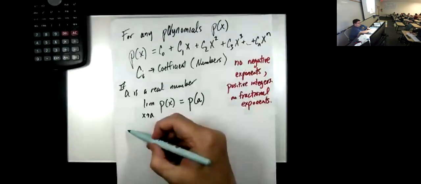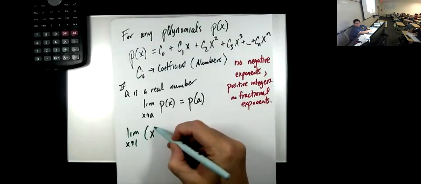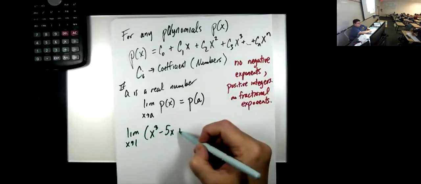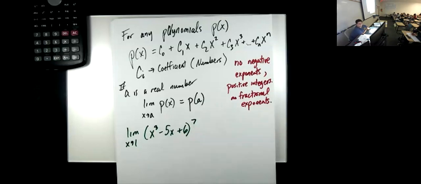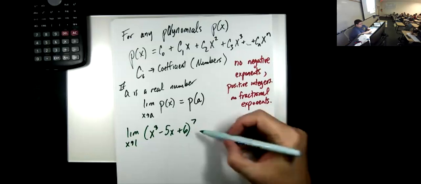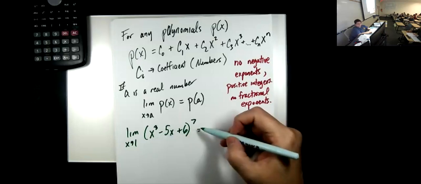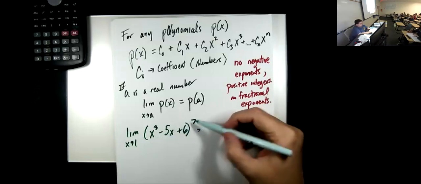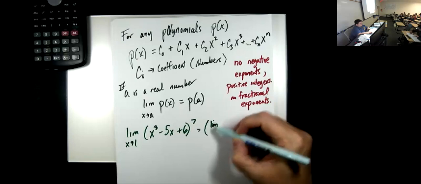So if we do the limit as x approaches 1 of x cubed minus 5x plus 6 to the 7th power. I can just plug in, these are all polynomials. This is a polynomial, and I could move the limit inside. That was one of our first rules that we showed. I can move the limit inside.